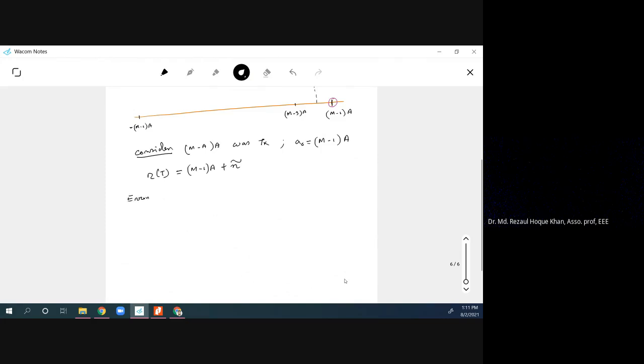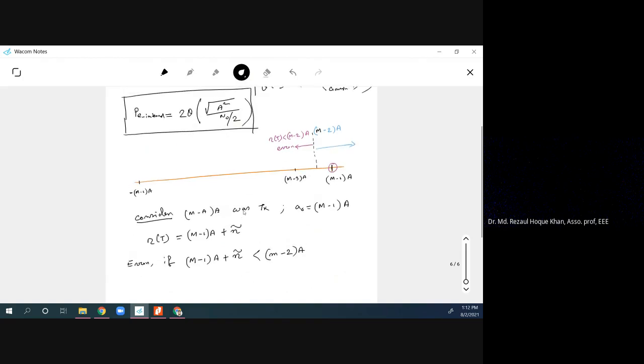Error if m minus 1 a plus noise is less than m minus 2a. See this condition.